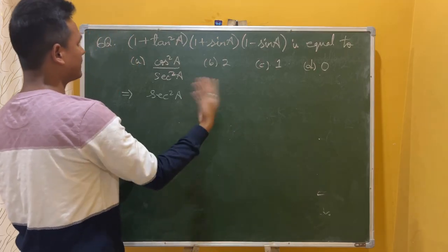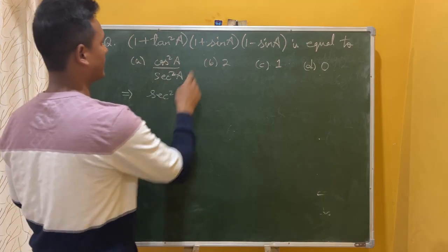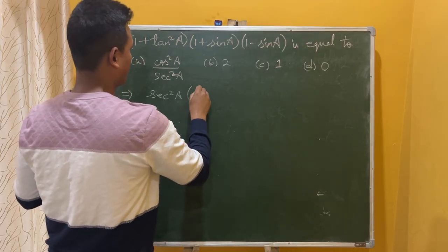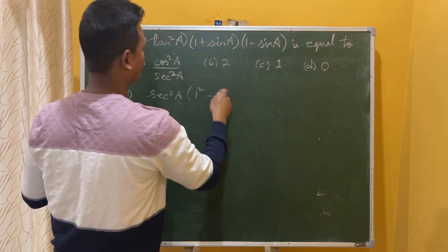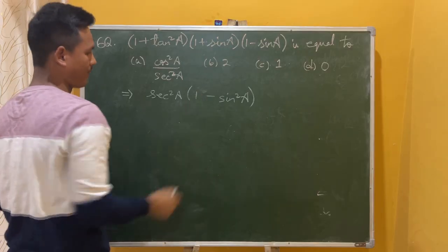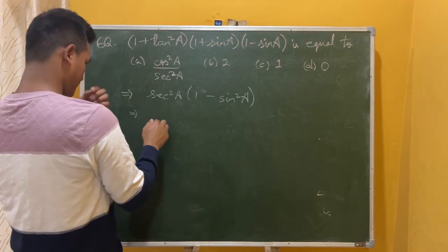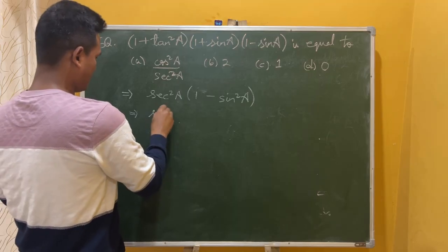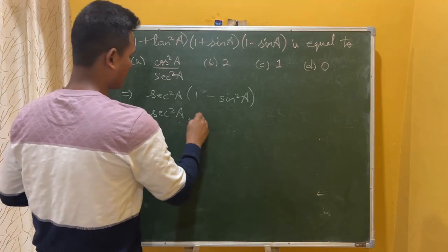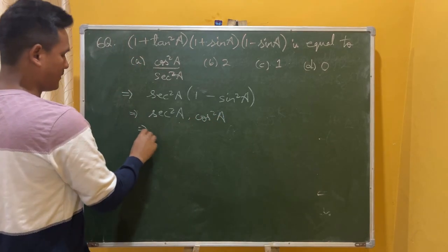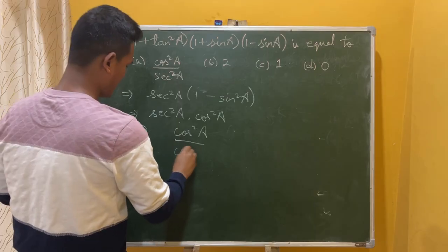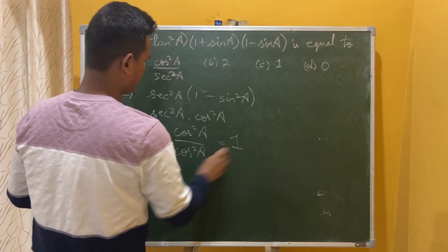If you send the tan square a to the other side, then this equals sec square a. What about this? This is a plus b into a minus b, so it is a square minus b square. 1 square is 1. So sec square a, 1 minus tan square a is cos square a. Sec square a is the inverse of cos square a. So the answer is 1.